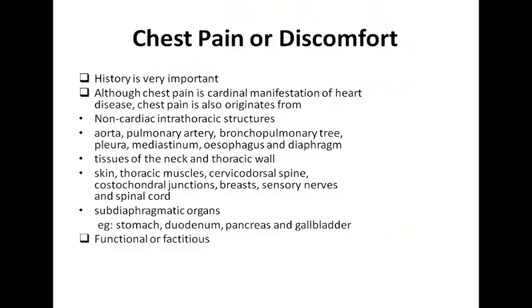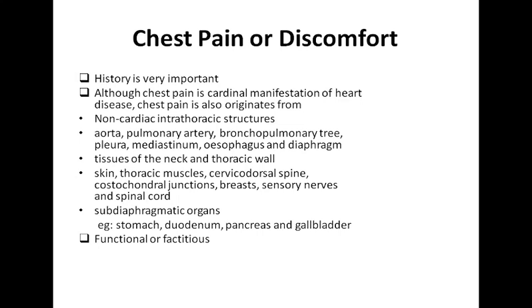So, when you get a chest pain, the main thing that you have to rule out is whether it's a cardiac chest pain or whether it's related to acute coronary syndrome. But you have to remember there are so many other causes which can give rise to chest pain. For example, non-cardiac intrathoracic structures, like chest infection such as pneumonia, mediastinitis, pleurisy, can give rise to chest pain.